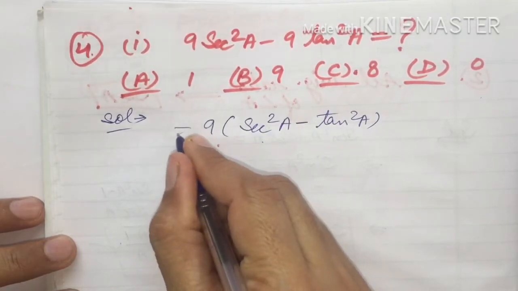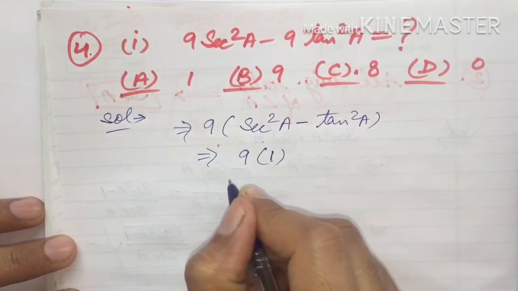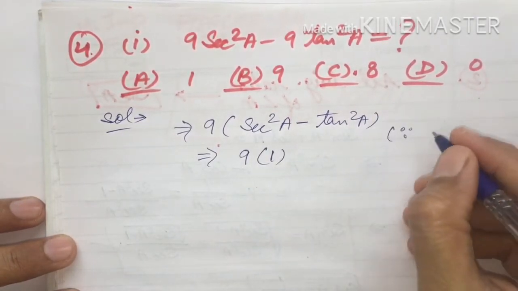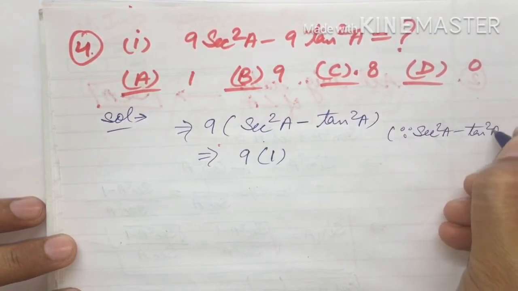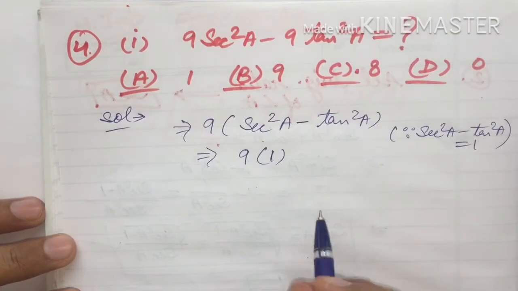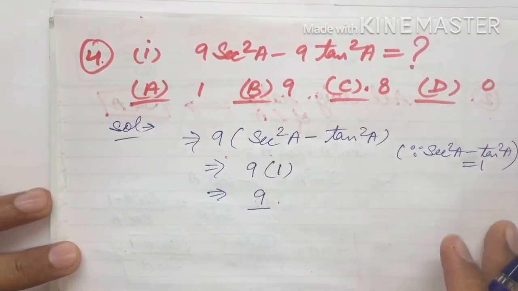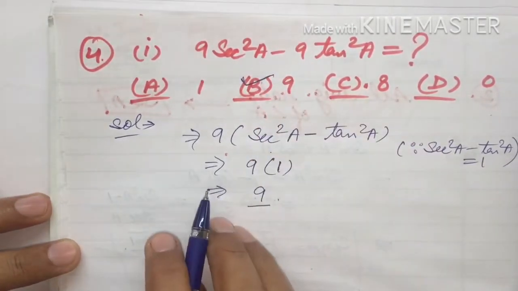So I can write 9 into 1. In the bracket you have to write the reason that we use this property, secant square a minus tan square a is equal to 1. So it will be 9 is the answer. So according to the options given to us, B is the correct option.